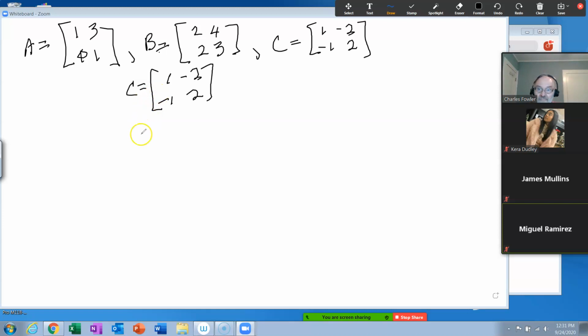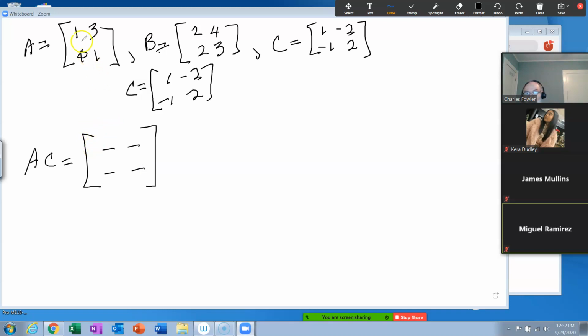Now, AC, now that I've written them closer together, it makes it a little easier to do. And again, this is a 2 by 2, that's a 2 by 2. The answer is going to be a 2 by 2. Not because they're the same, but because the two outer things are 2 and 2.